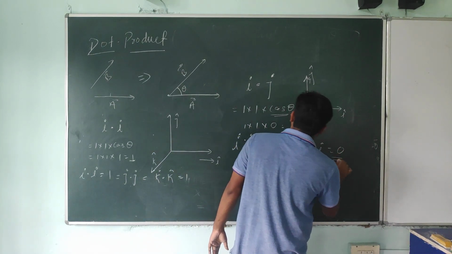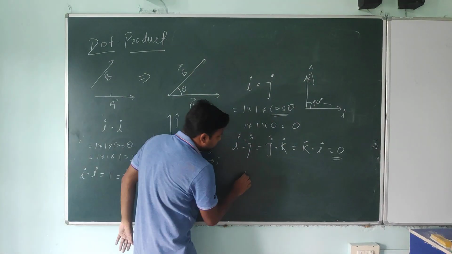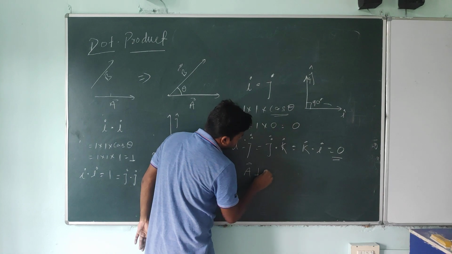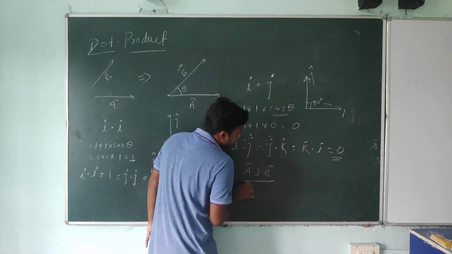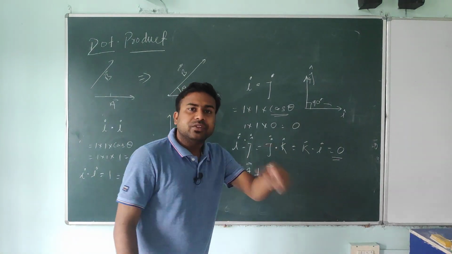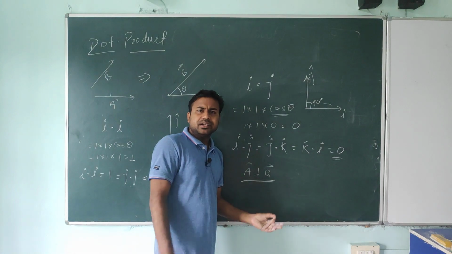Okay, one most important thing, students: if vector a is perpendicular to vector b, it means the angle between the two vectors is 90 degrees, so cos 90 is 0.